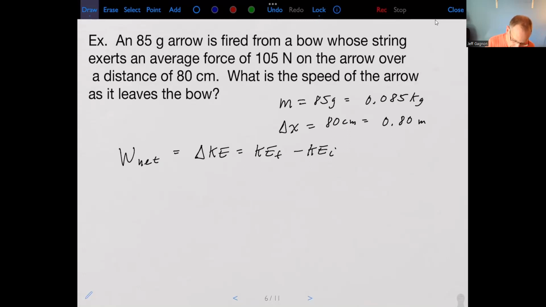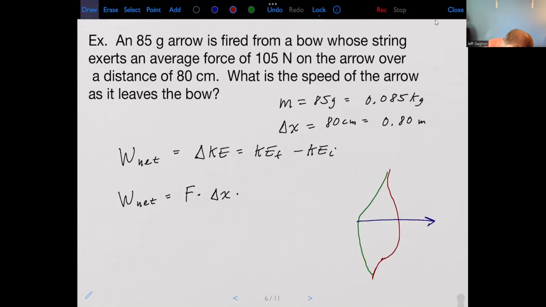So how do I calculate the net work? Well, the net work is going to be the force times the displacement times the cosine of the angle between them. But if you think about what's going on here, let me draw a picture. Here's the bow, and here is the string, stretched out a little bit like that, and then you have an arrow here.